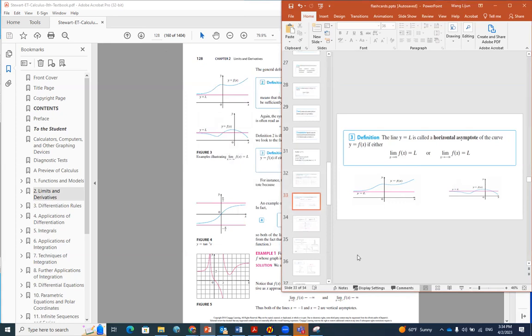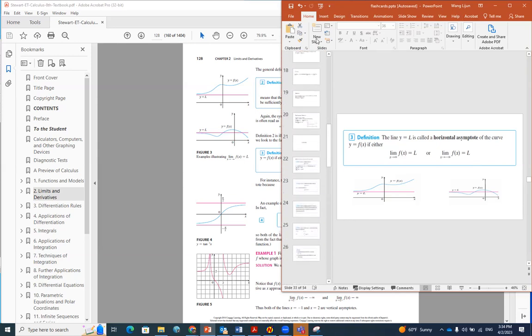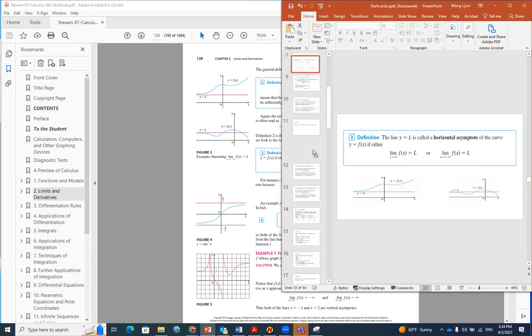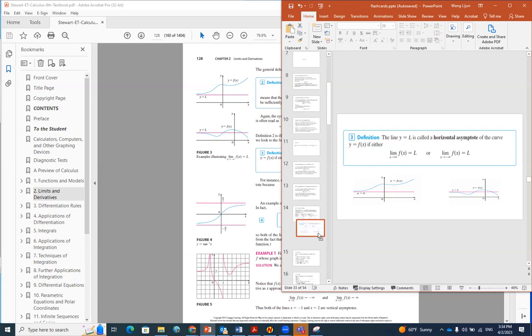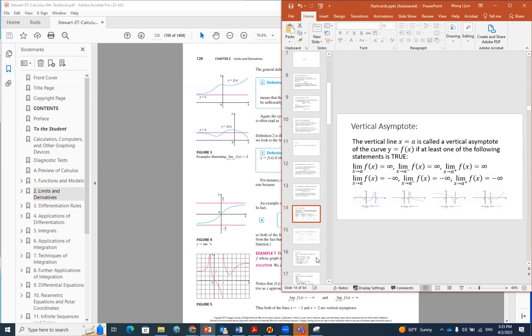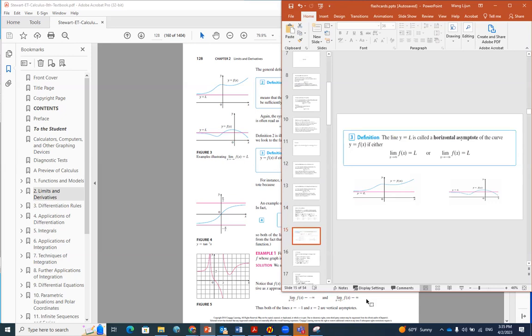You bring things that are similar together, so this will enhance the learning. And of course, you also study your examples. So this piece, I'm going to bring it all the way with my vertical asymptote right here. Vertical asymptote, horizontal asymptote.